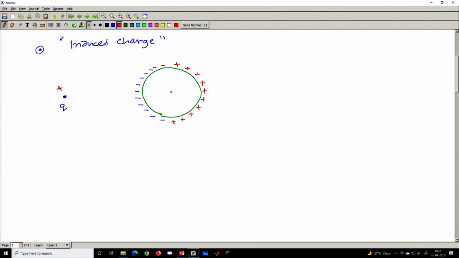This is the way the charge will be distributed over the conductor. So here the point charge is outside the conductor.